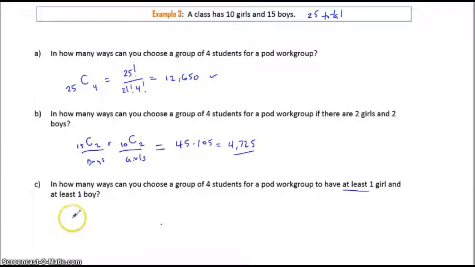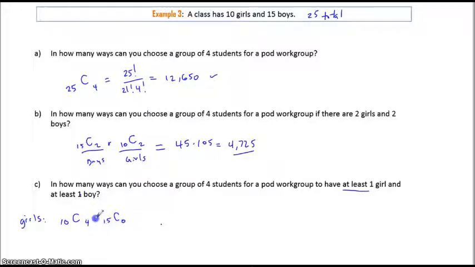The number of groups that have all girls: how many girls are there? There's 10. If I choose all girls, I'm going to take 4 from the group of 10 girls. And just to be clear what's going on with the boys, there's 15 boys, but I'm choosing 0 of them.